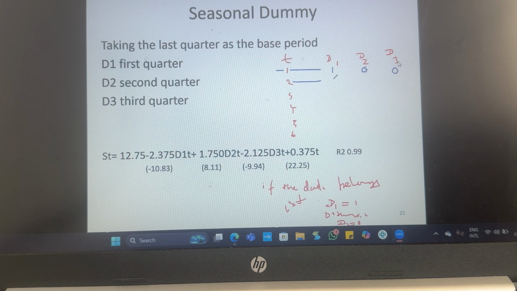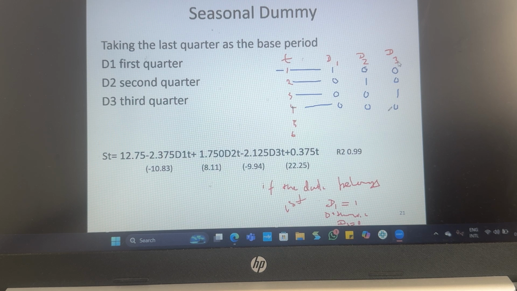Number for this place? 0. And here? 1. So 0, 1, 0. If the data belongs to the third quarter, here? 0, 0, 1. If the data belongs to the fourth quarter? All 0.